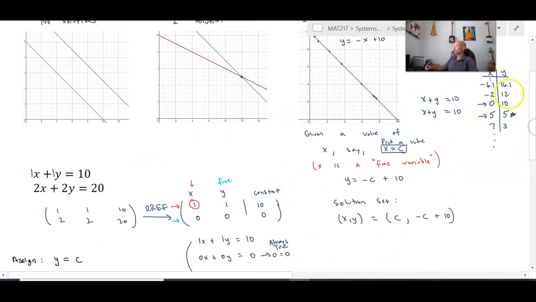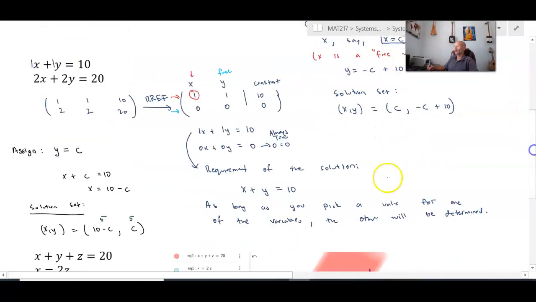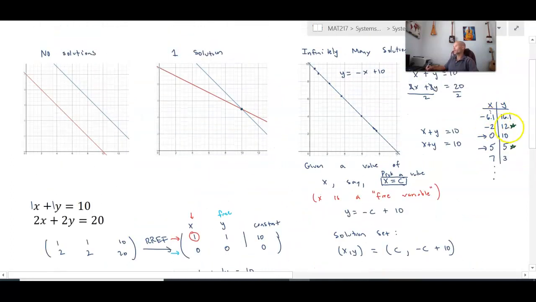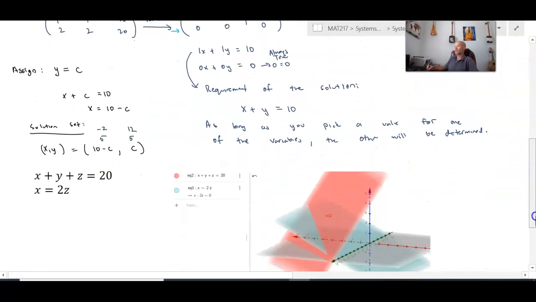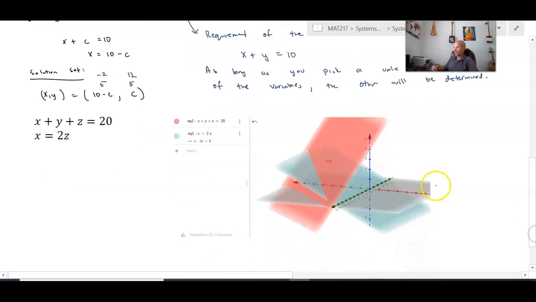Now also I could come up here and say, well, what if y is 12? If y is 12, then x has to be 10 minus 12, which is negative 2. And you see that we still generate the ordered pair -2, 12. It's six of one, half a dozen of the other. It's the same thing. All right, let's take a look at another example.